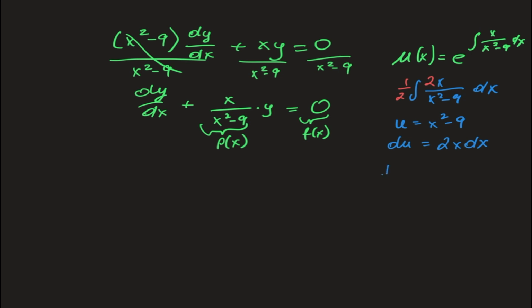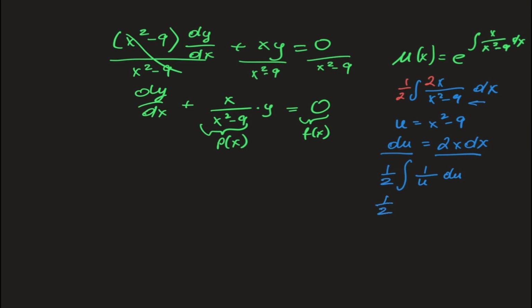So we have 1/2 times the integral of 2x dx, notice that becomes du. All I have left is 1 over x squared minus 9, which is my u. So 1 over u du.